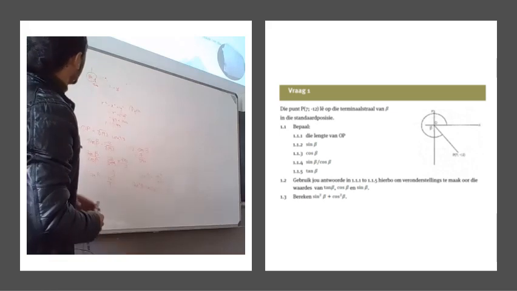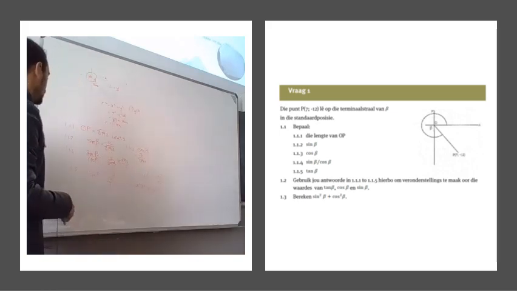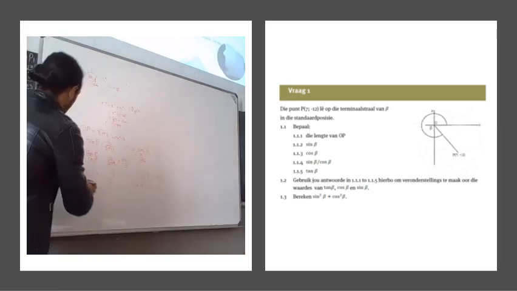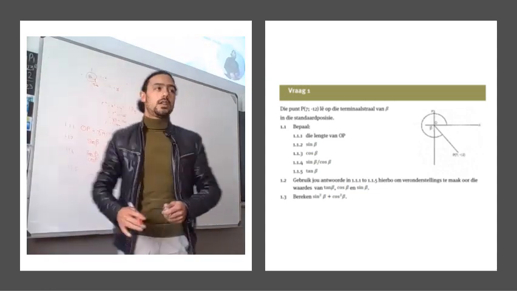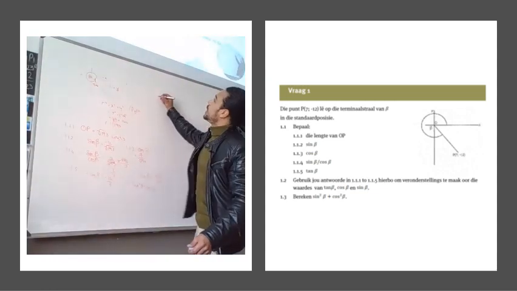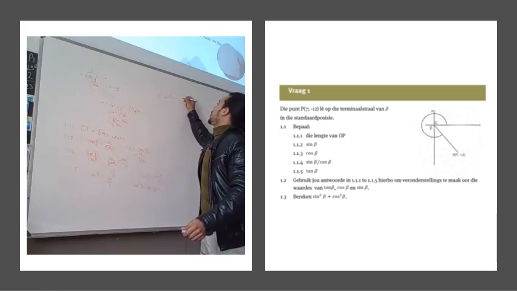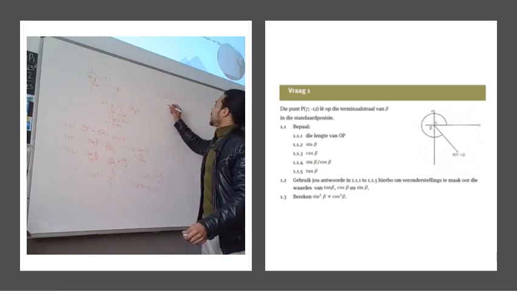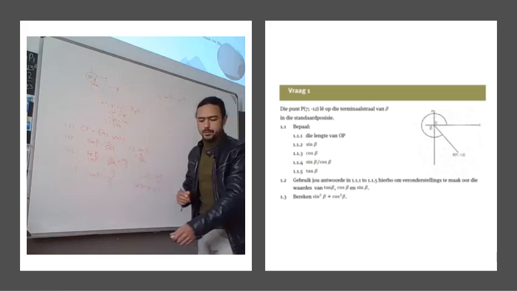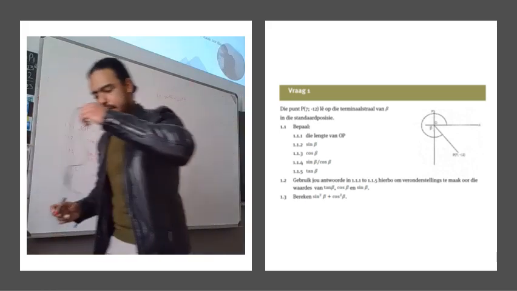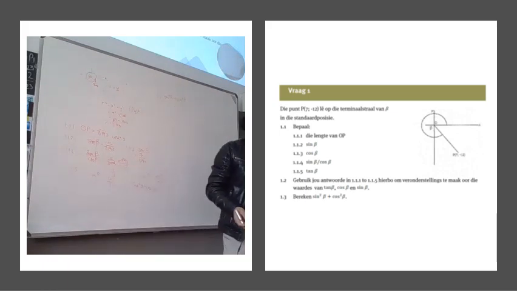Now they ask you at 1.3 to work out sine squared of beta plus cos squared of beta. All right, so let's go do that. Sine squared of beta.